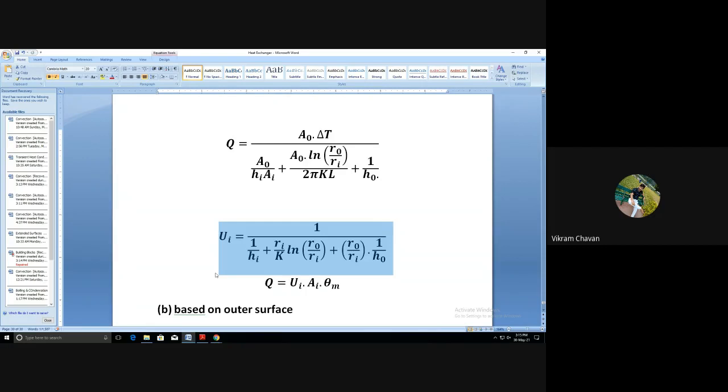And Q can be calculated as Q is equal to U suffix I multiplied by A suffix I multiplied by theta m.